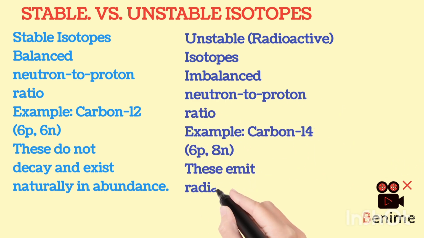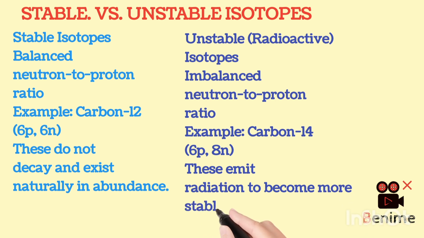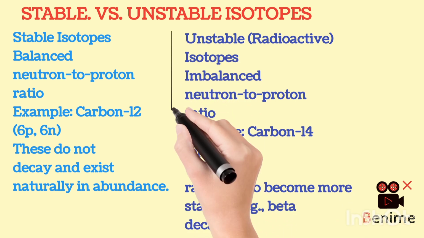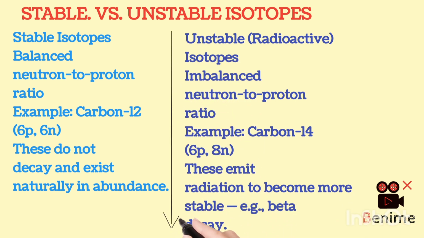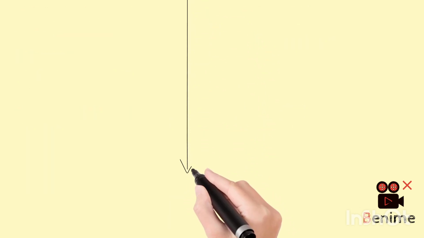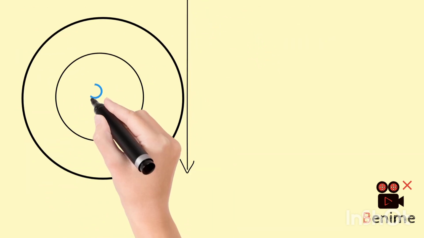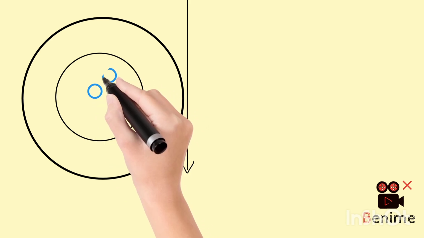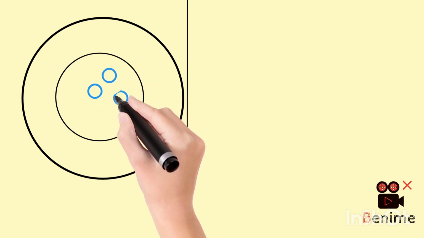In unstable isotopes, which we call radioactive isotopes, the proton to neutron ratio is not balanced. For example, carbon-14, whose mass number is 14, which means it has 6 protons and 8 neutrons, and the ratio is not in balance, which makes this isotope unstable.